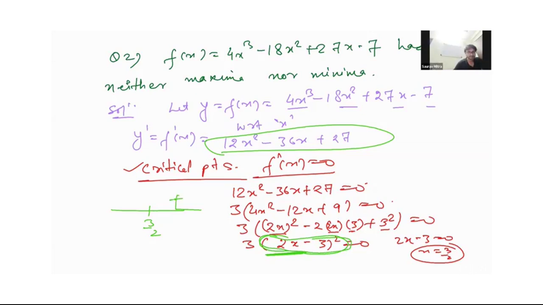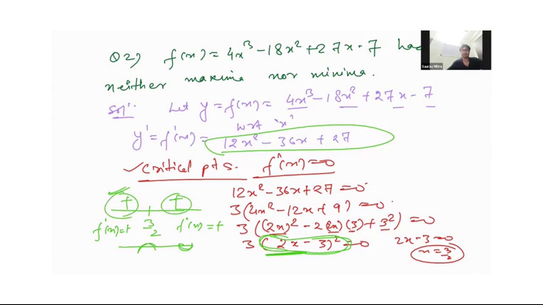So less than 1.5, let us suppose 1. If I put x equals to 1 here, 2 minus 3 is minus 1, square is positive. See, we are getting our f dash x same. Here also positive, here also positive. So there is no change in the sign. That means the function is constant here. It is neither increasing nor decreasing. It is constant. F dash x is not changing its sign.